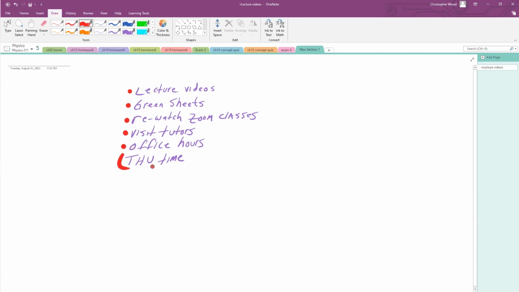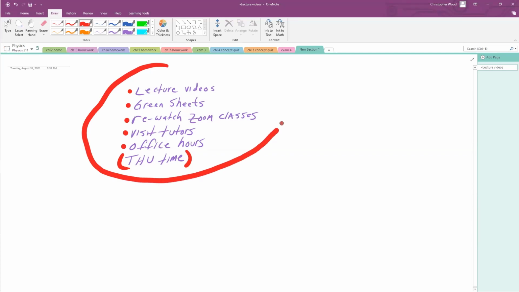Thursdays are pretty packed, so we don't have a lot of spare time because we're doing labs, demonstrations, and simulations. So keep all of this in mind. Also on Thursday, I'm going to pass out a management sheet that helps you track your status in all of these areas.